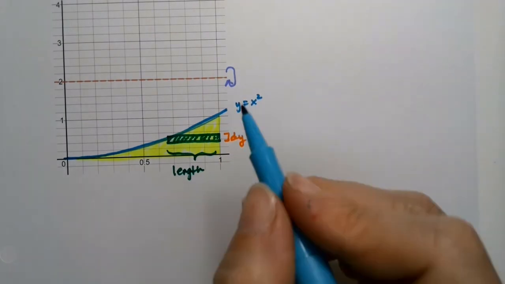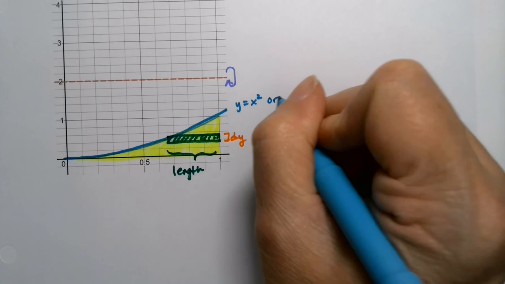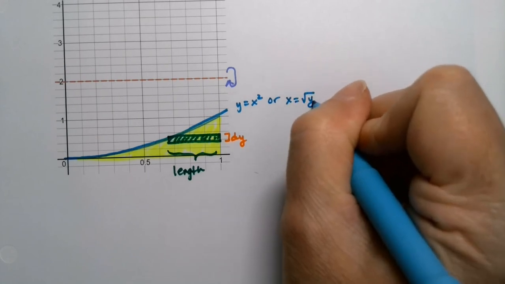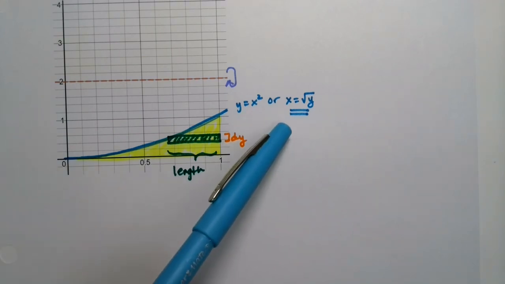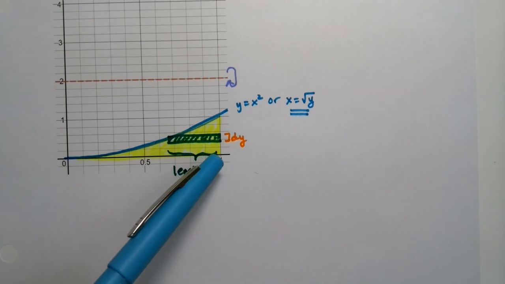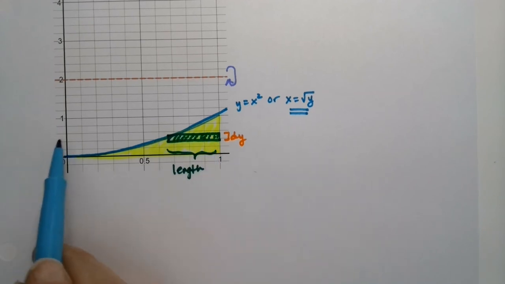But if y is equal to x squared, that means that x is equal to the square root of y. We're going to need that version of it in order to deal with it in terms of y. Everything is now based off the y-axis, not the x-axis.